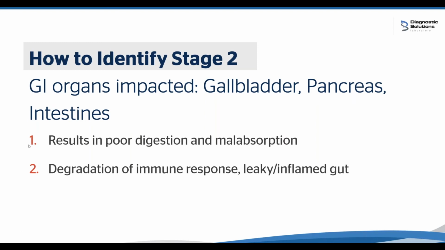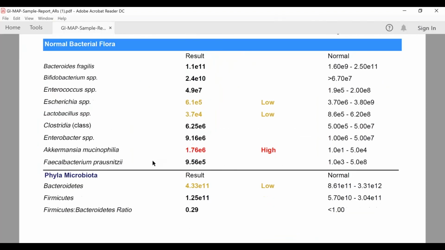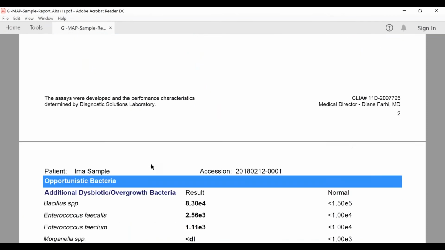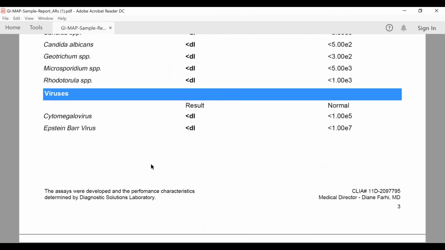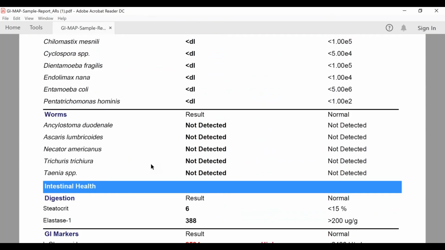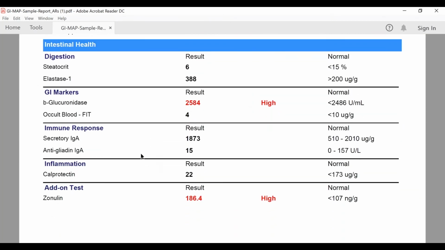How do you tell? Well, you look at the test, and they conveniently have packaged this all in one little section, way down at the bottom here, called intestinal health. If steatocrit is abnormal, that's a gallbladder problem. If elastase is abnormal, that's a pancreatic problem.